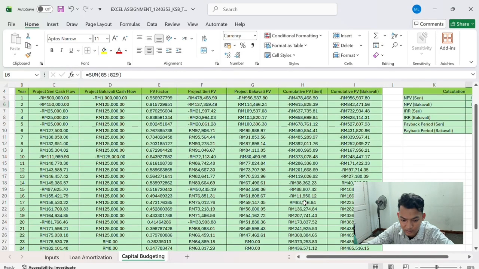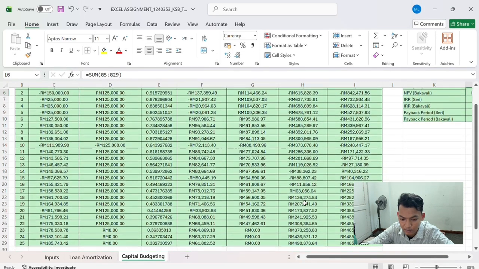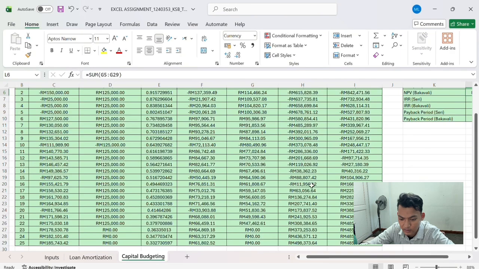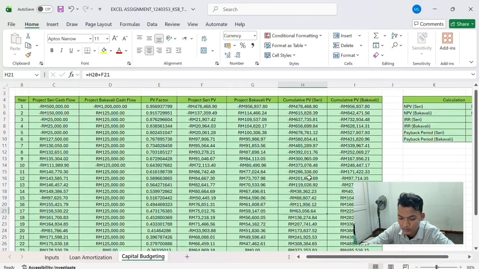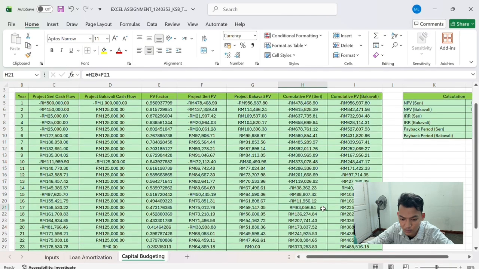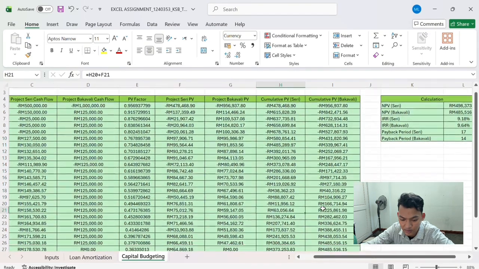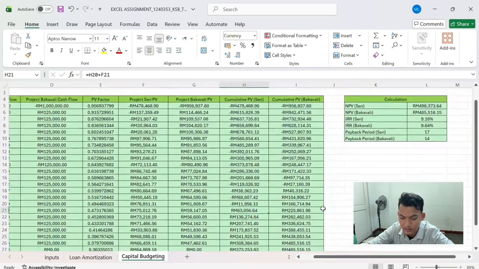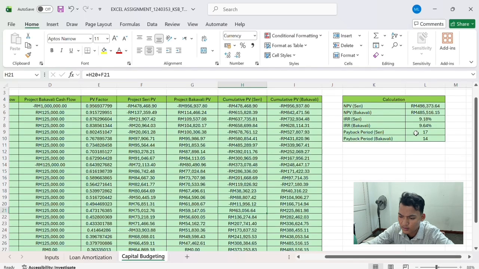So the payback period is basically where the cumulative PV becomes positive, meaning they are able to pay back the loan, if I'm not mistaken.